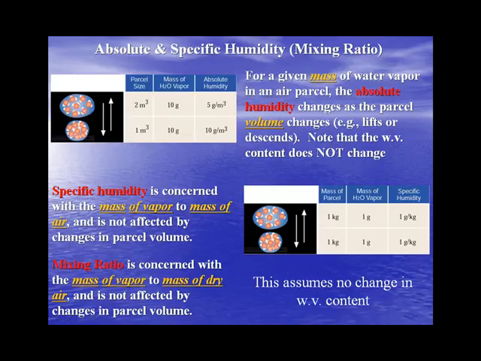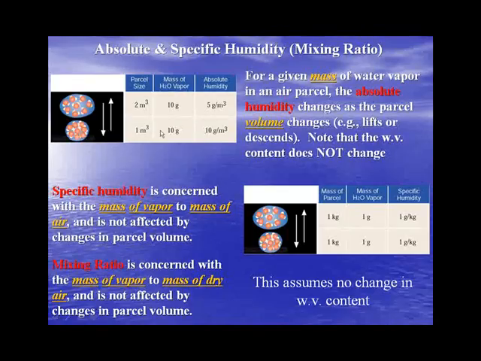If we lower the air parcel, if we bring it down from a higher elevation down to the surface, we see the absolute humidity changes to 10 grams per meter cubed. In other words, the mass divided by the volume. The mass is still 10 grams. In other words, the mass of the water vapor has not changed, but the size of the parcel has.